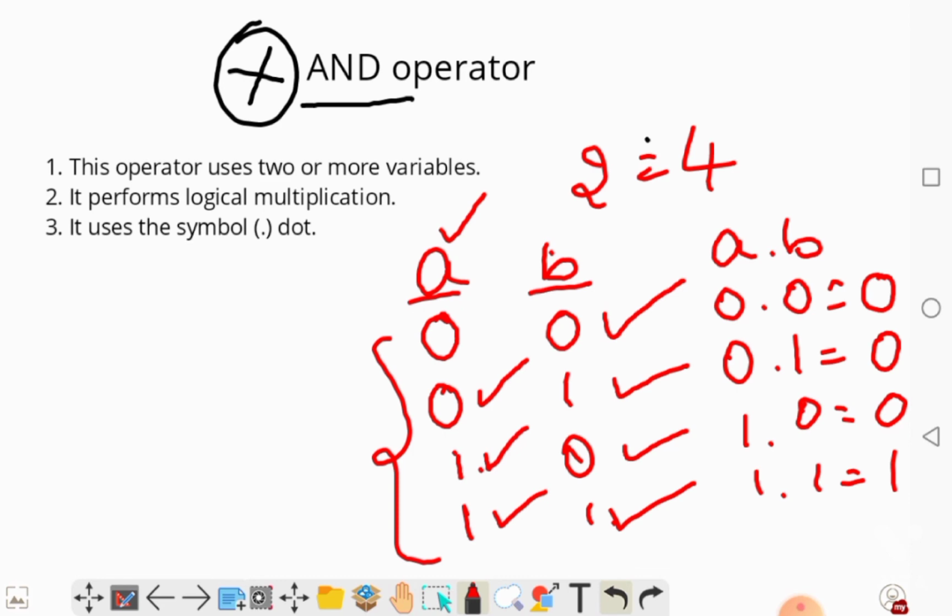Repeat with me. The AND operator uses 2 or more variables. It performs the logical multiplication. Remember, AND uses logical multiplication. It uses the symbol dot. If you have a dot in between A and B, then understand it is an AND operator.